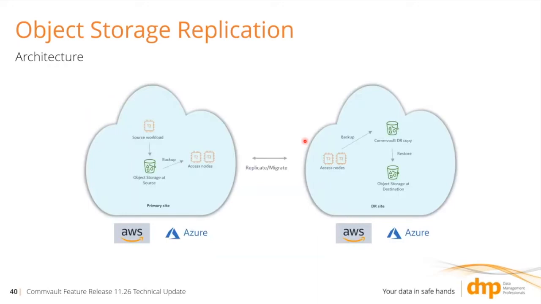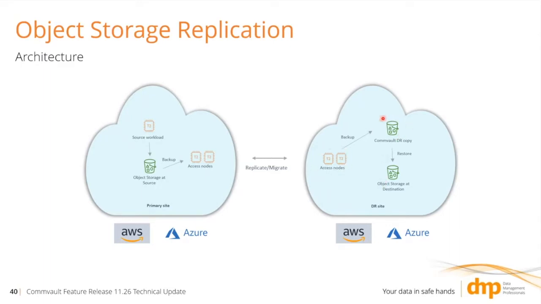So the architecture is very simple. You have one source workload, which has its data on the object storage. With Commvault, we have access nodes, which actually do the backup. They gather the data from the object storage and write it to any media agent with its storage. You can set up the replication and/or migration to the other cloud vendor or another file system which is supported on the DR side, also with access nodes.